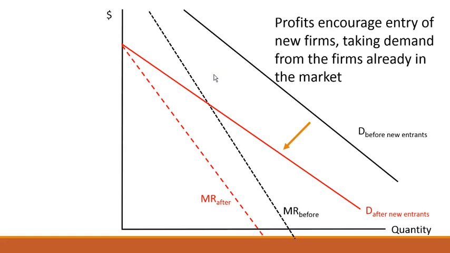I have, by the way, a technical note posted in D2L just telling you what the relationship is between the demand curve and the marginal revenue curve. The fact is that the marginal revenue curve declines at twice the rate of the demand curve. So I've tried to draw these things so that the marginal revenue curve intersects this horizontal axis halfway between the spot where the demand curve would intersect the axis.